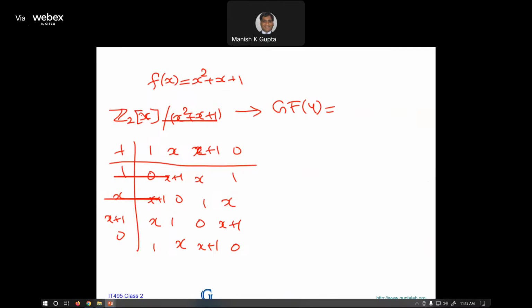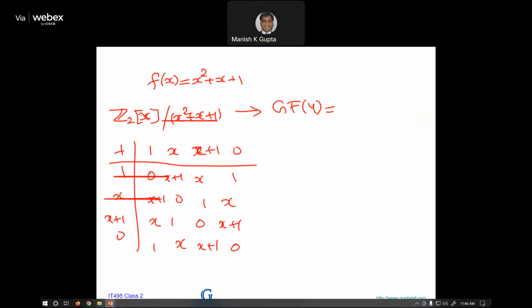Because field means every element has an additive inverse, and also when you make the multiplication table, every non-zero element has an inverse with respect to multiplication. Those two properties hold here. Okay, so this is a field when the modulo polynomial that we are taking is irreducible.